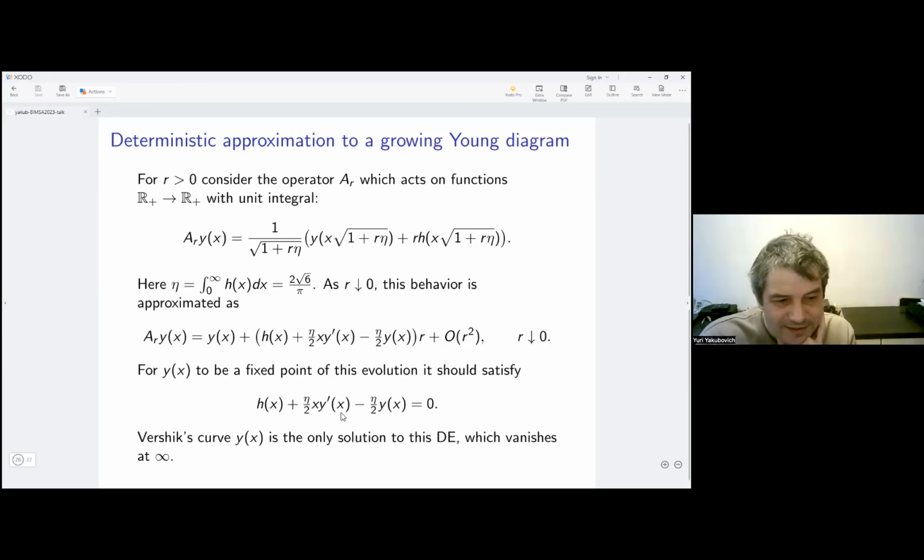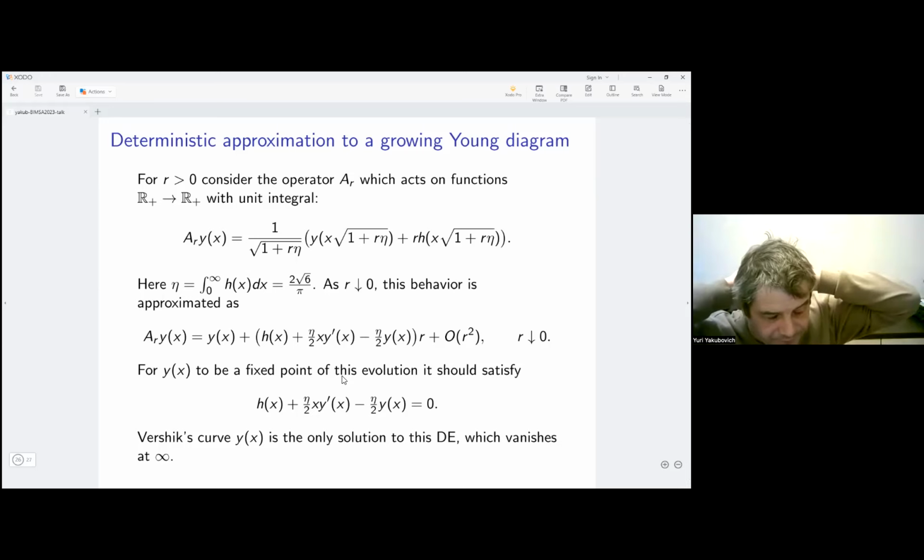Surely it has many solutions, but just one of them vanishes at infinity and has unit integral, not equal to infinity. And it actually shows that this Vershik's curve is a limit shape.